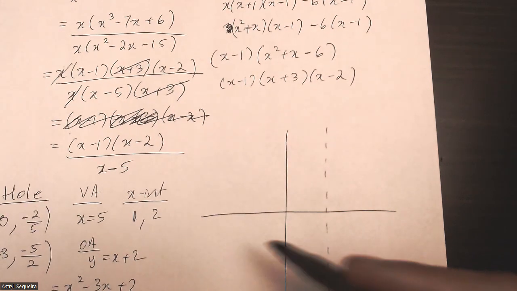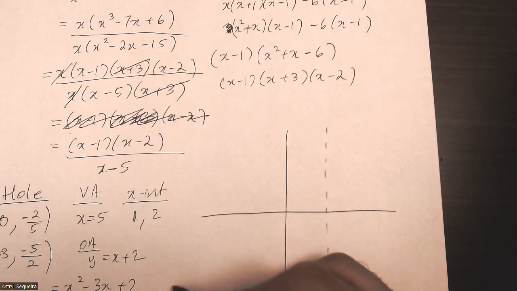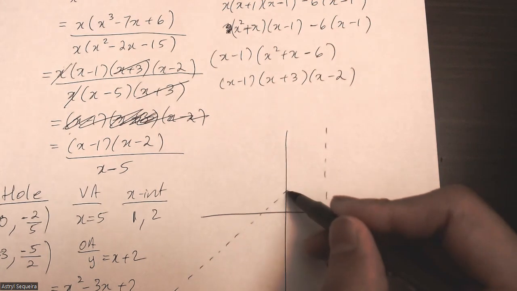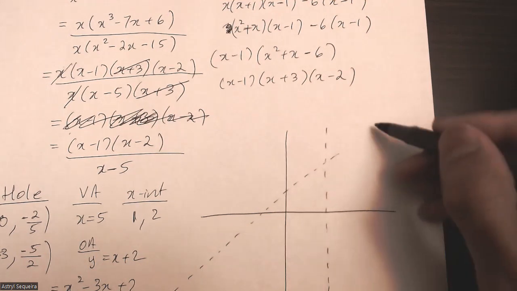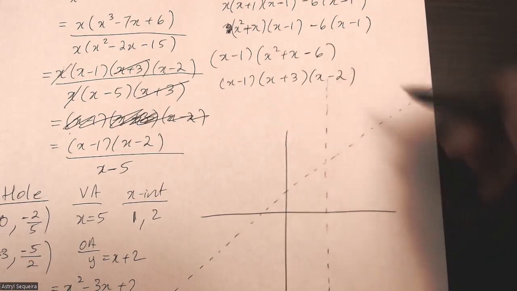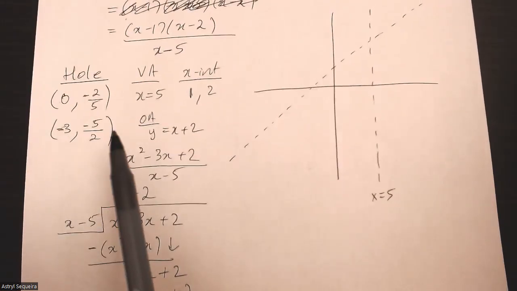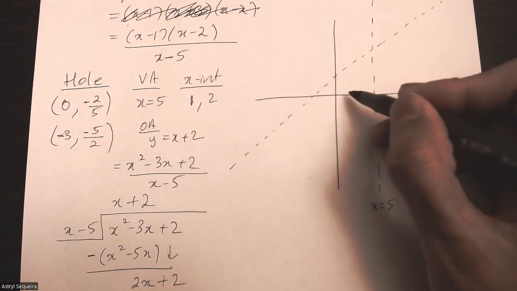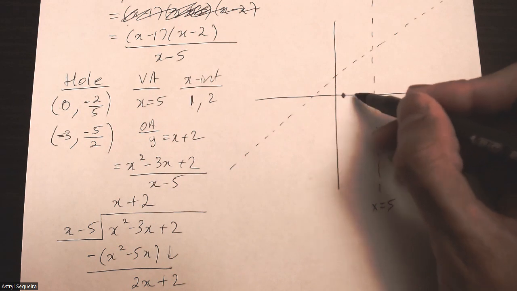So x plus 2 is just a positive slope of 1, and it passes through the y-intercept at positive 2 over here. And then I have the two x-intercepts at 1 and 2.